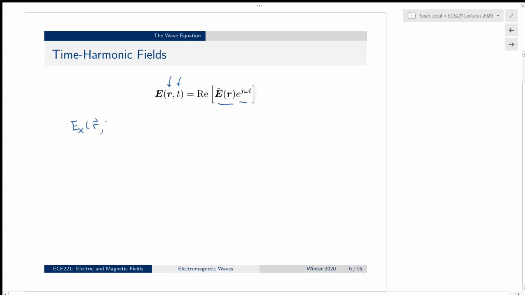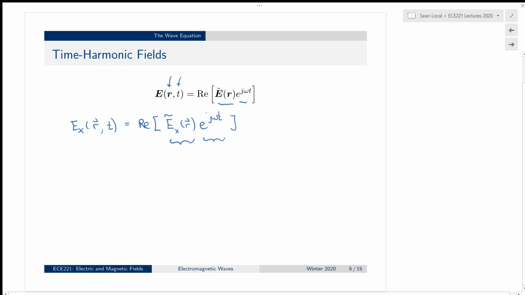So the X component of E is now a scalar equation, and it is given by the real part of E tilde x, which is just one component that depends only on space, times e to the j omega t. So we've separated out the spatial dependence of Ex in this term and the time dependence into this complex exponential term.